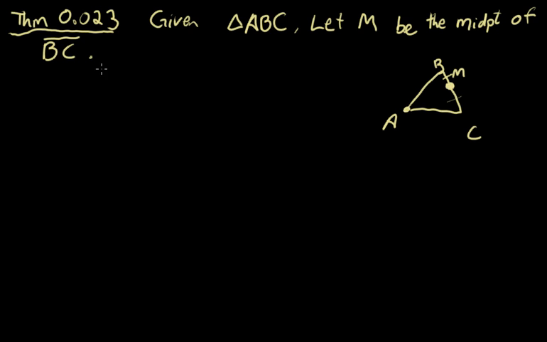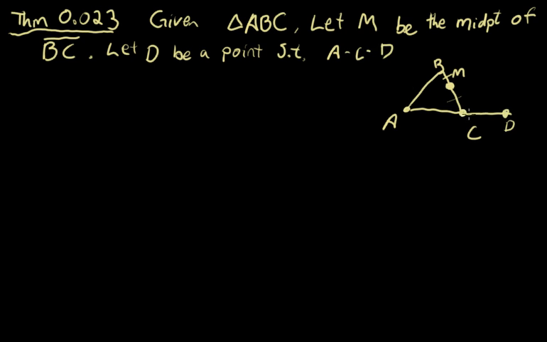And we'll also say let D be a point such that D forms a line with A and C, but it's on the other side of C, opposite from A. So we'll have a point D out here, and this will be the point C. And we'll say, oh, need a period here.